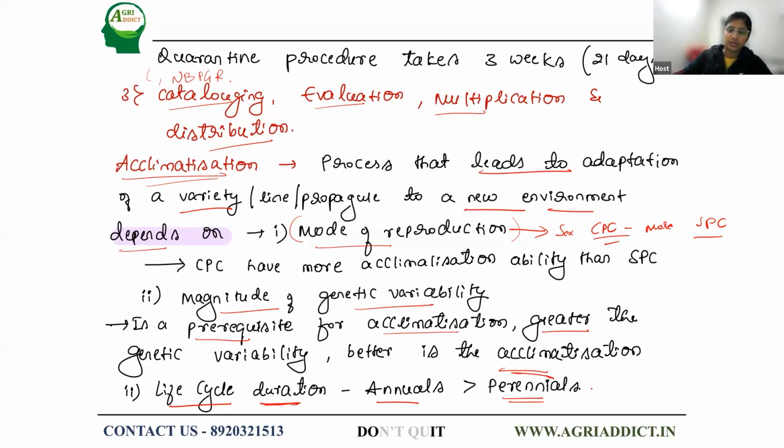It also depends on the magnitude of the variability they can produce. Because annuals, every year, will produce variations, they'll be undergoing the reproduction process. So perennials take more time to get adapted and to produce the variability. That is why annuals will get adapted very quickly.